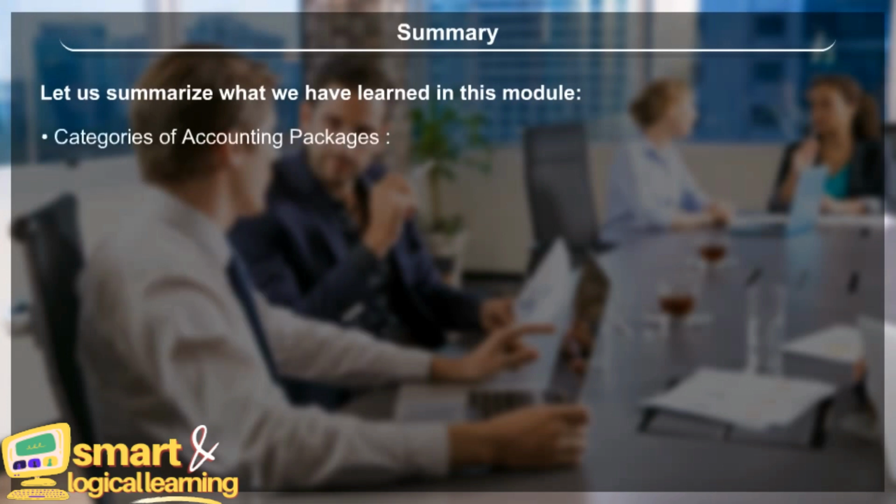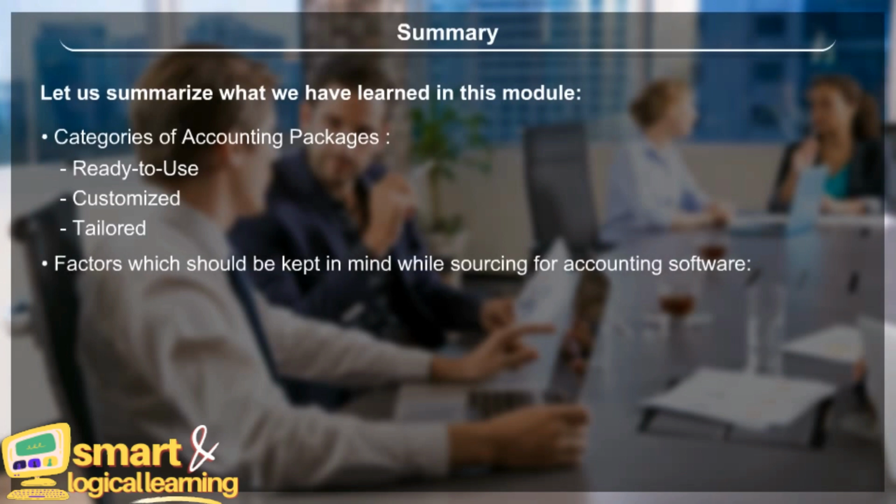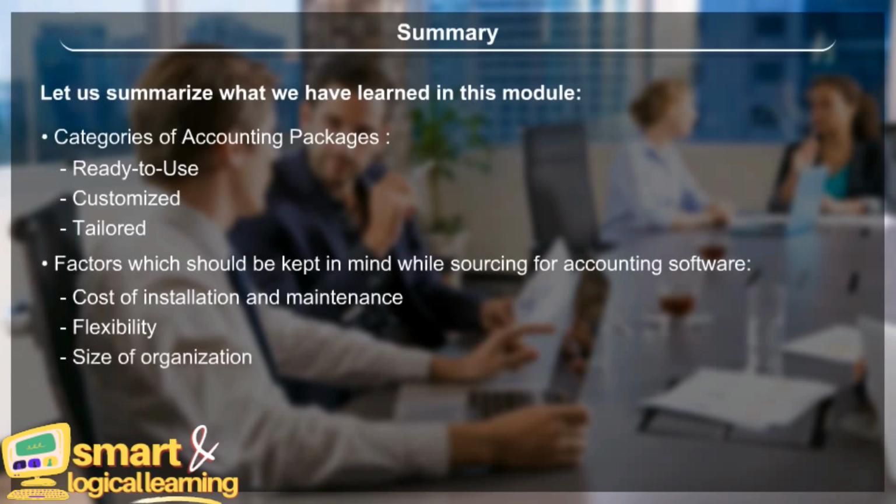Categories of accounting packages: ready to use, customized, tailored. Factors which should be kept in mind while sourcing accounting software: cost of installation and maintenance, flexibility, size of organization, ease of adaptation and training, utilities, expected level of secrecy.